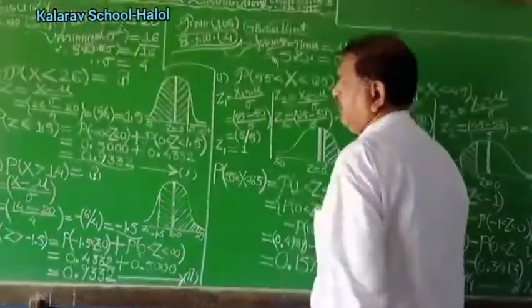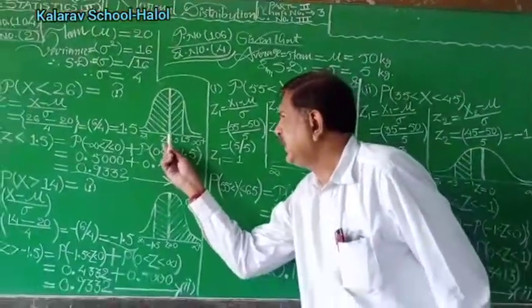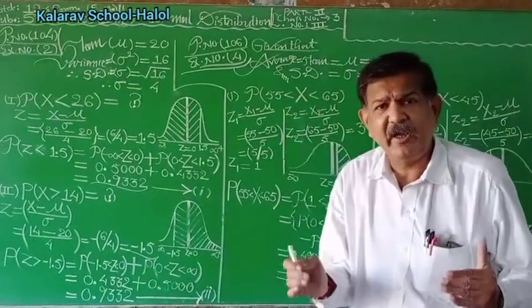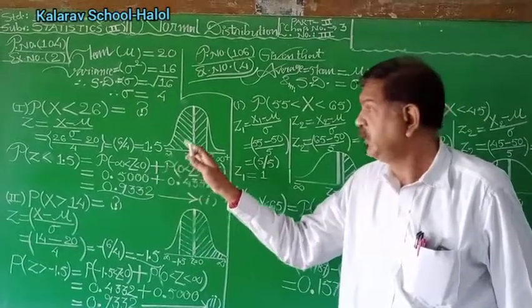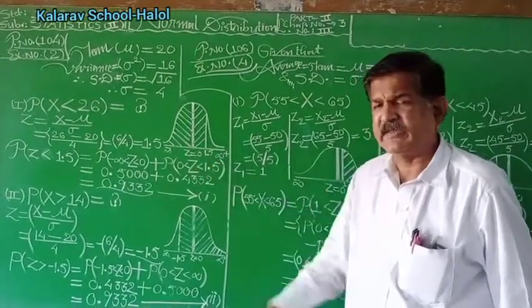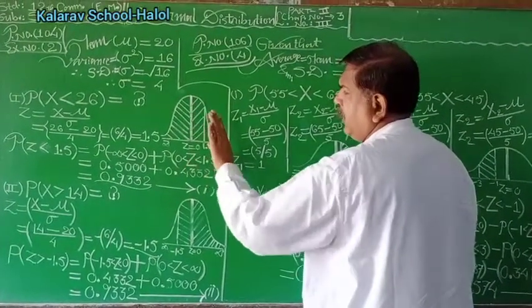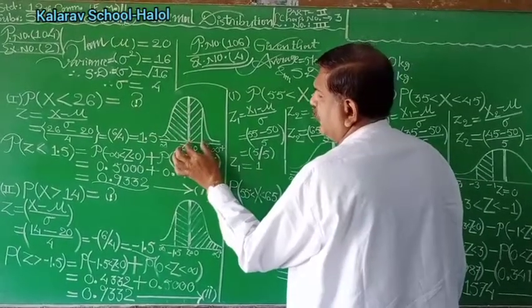Now we know that 1.5 lies somewhere here, on the right side of 0. This is the 1.5 position, right? Draw the diagram. Draw this normal curve and then calculate. This diagram is compulsory. Now 1.5 lies somewhere here and the area on the left hand side of this value means minus infinity to 0 and 0 to 1.5.